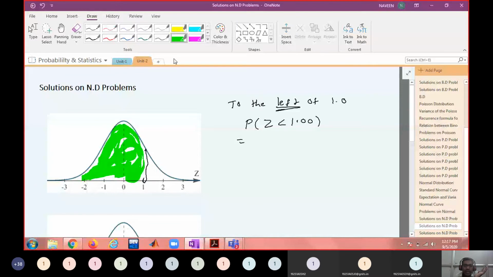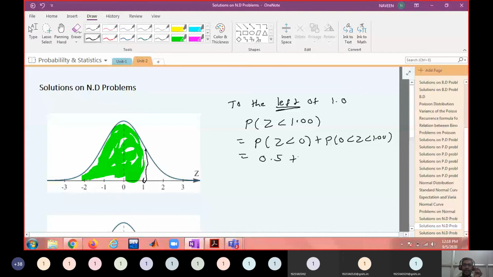So how do I write this? 0.5 plus... I can write it as the probability that z less than 0 plus the probability that 0 less than z less than 1.0. Z less than 0 is 0.5, plus now it is sufficient to find the area from 0 to 1. What is the area from 0 to 1? 0.3413.